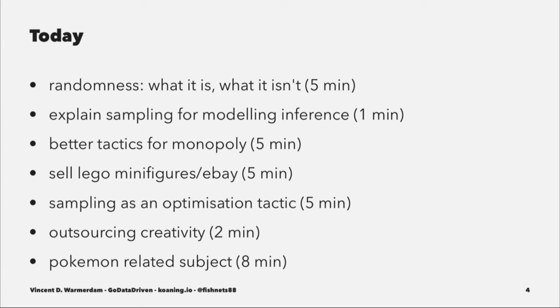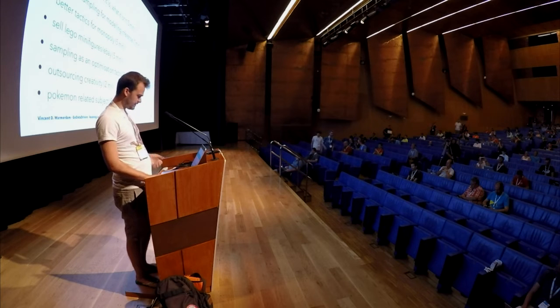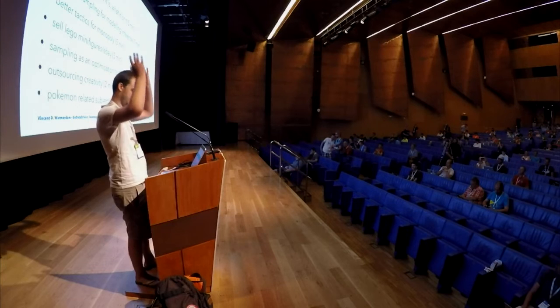I will then demonstrate a couple of experiments I've done with sampling: how I derived some better tactics for Monopoly using simulation, and how I found out that you can sell Lego minifigures on eBay for a bit of profit. Then I'll talk about how sampling can be used as an optimization tactic, and conclude by talking about how we can outsource creativity a bit by using sampling. And then I'll talk about some Pokemon-related subject, which somehow blends everything together.